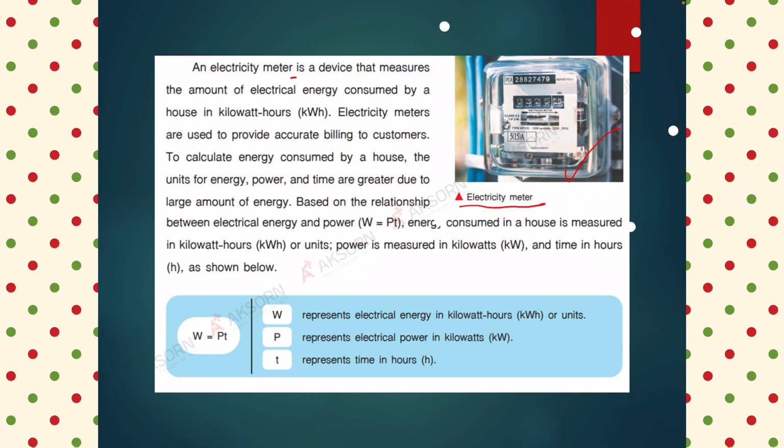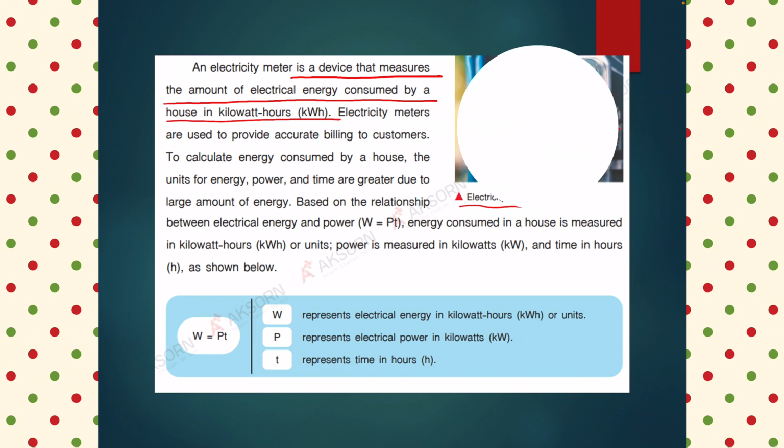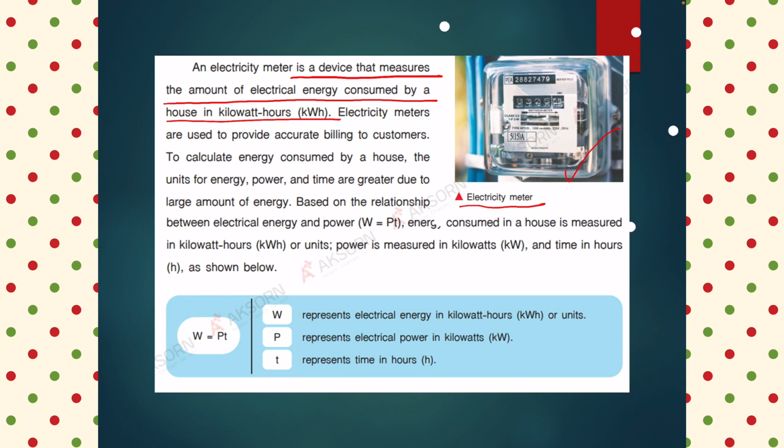So this is a device, I repeat, that measures the amount of electrical energy consumed by a house in kilowatt hours. So the electricity meters are used to provide accurate billing to consumers, or what we call the customers. To calculate energy consumed by a house, the units for energy, power, and time are greater due to the large amount of energy.